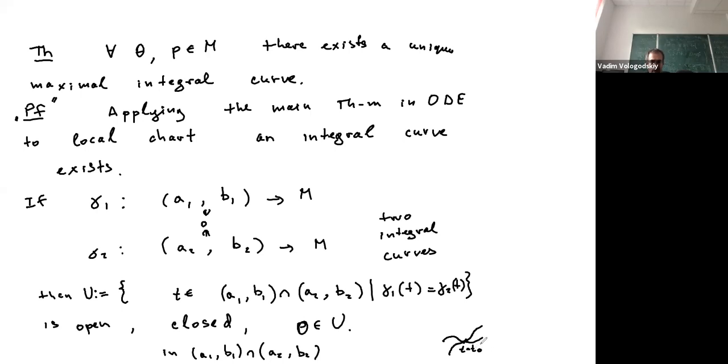This is again a local statement, because I want to show that they coincide in a neighborhood.